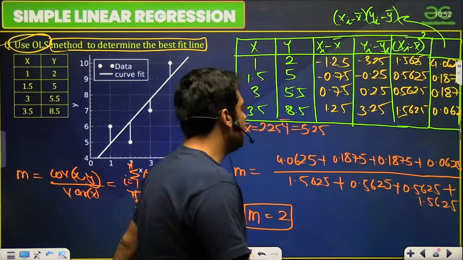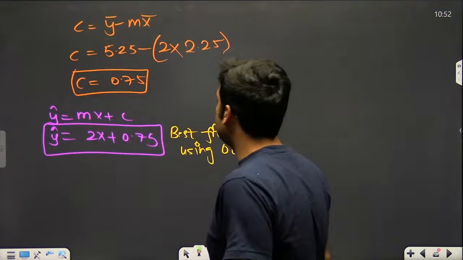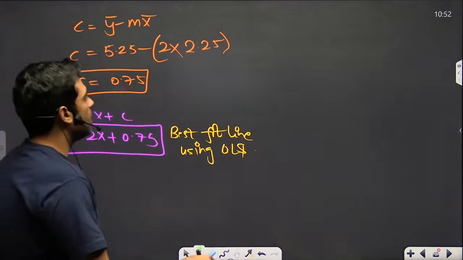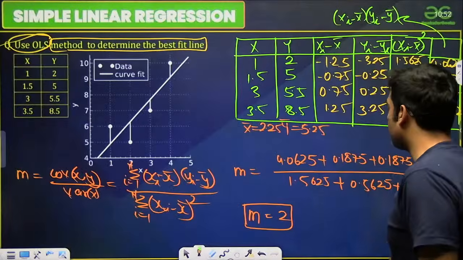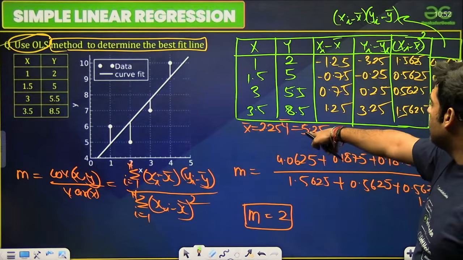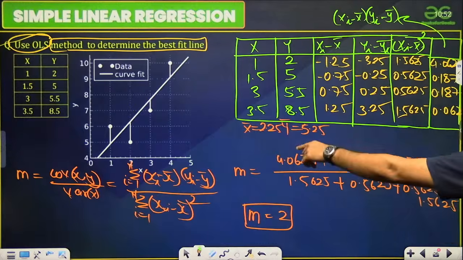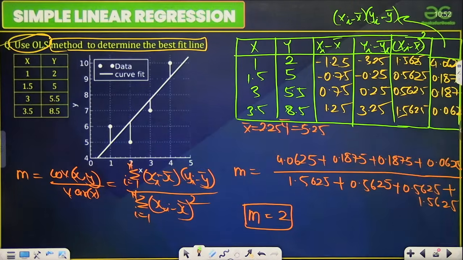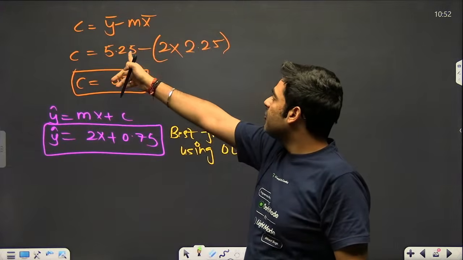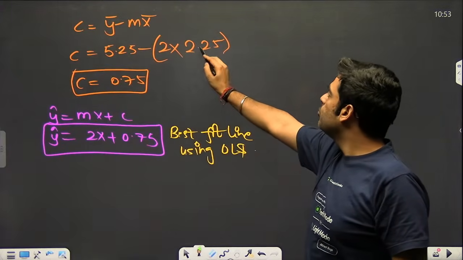And for calculating the value of c, nothing else, I just use this formula, y bar minus m x bar. What is y bar? You are given this y bar, that is 5.25, and x bar you calculated, 2.25. So you just put the values here: 5.25 minus 2 into 2.25.